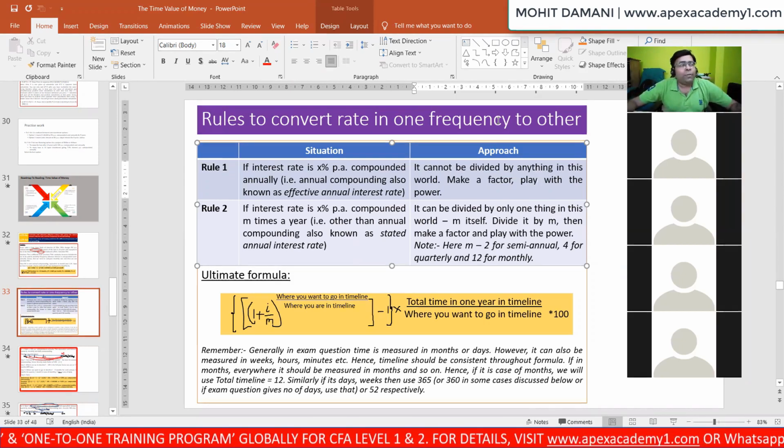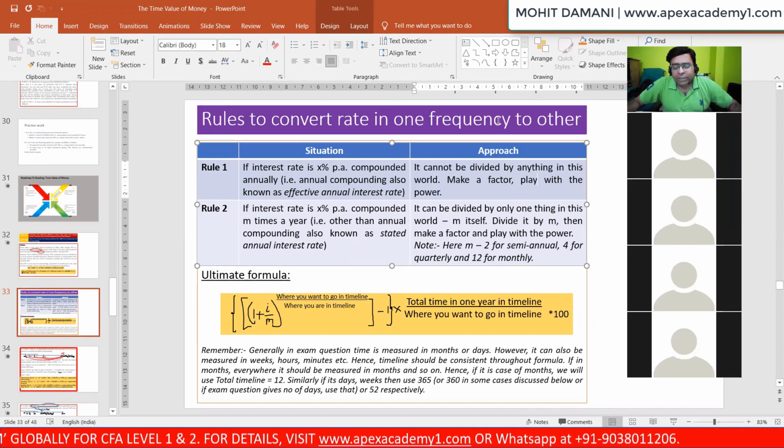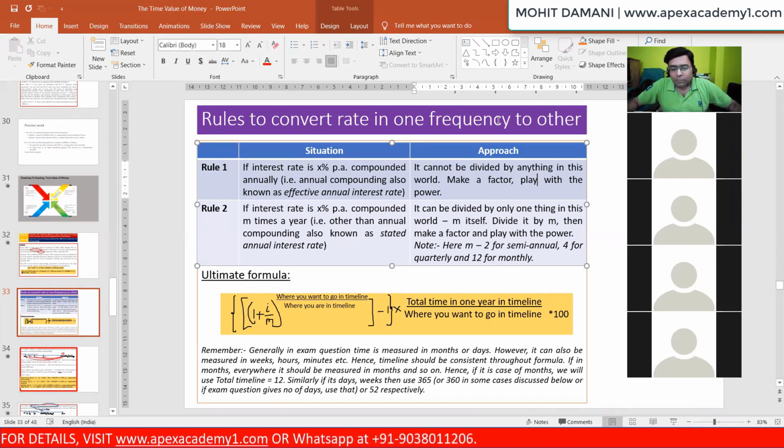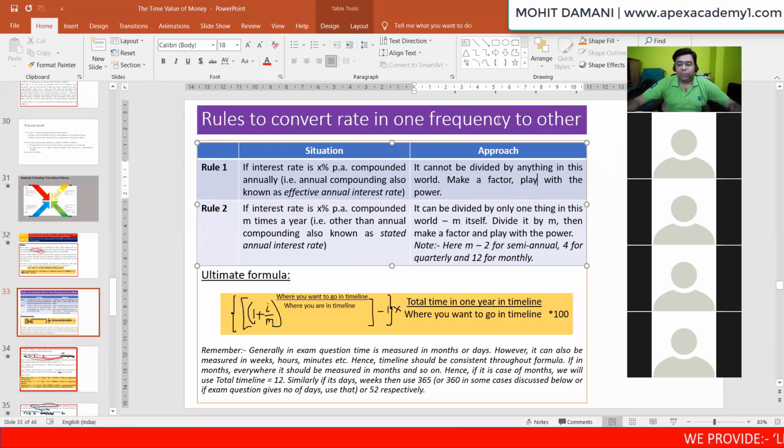If 50% is the interest rate, what is the factor? 1.50. Minus 3%? 0.97. And minus 12%? 0.88. Minus 12% is 0.88. Right.